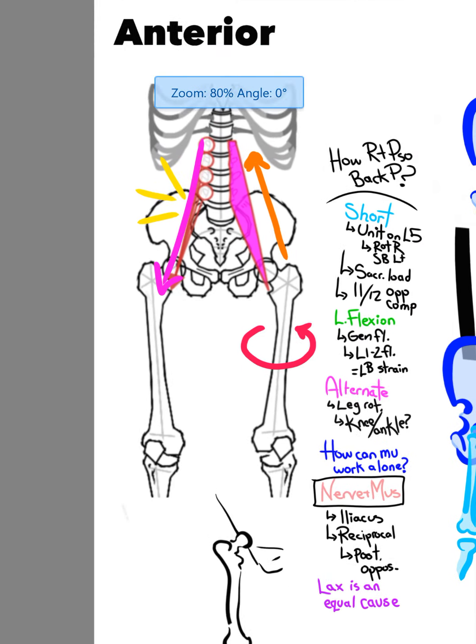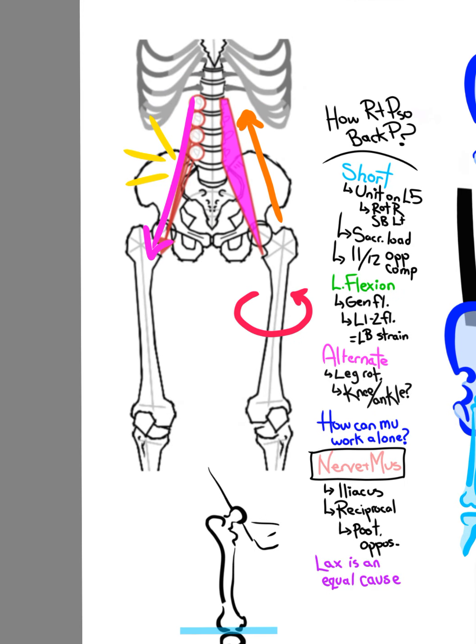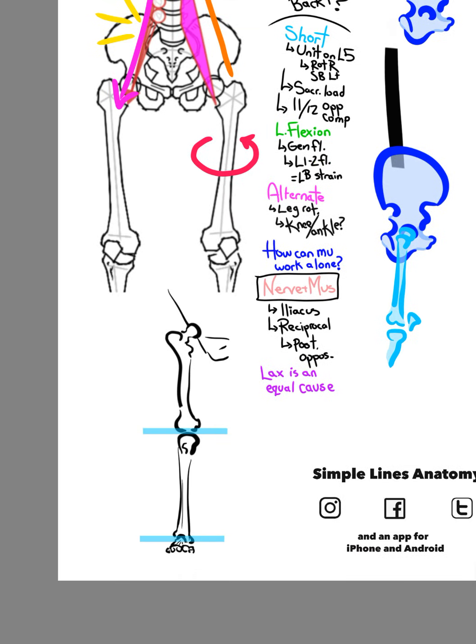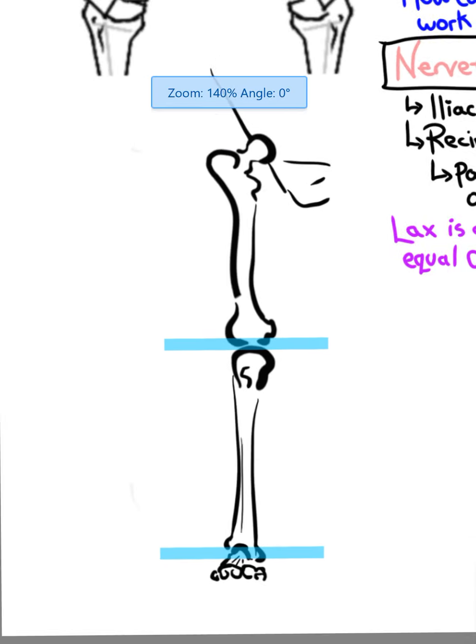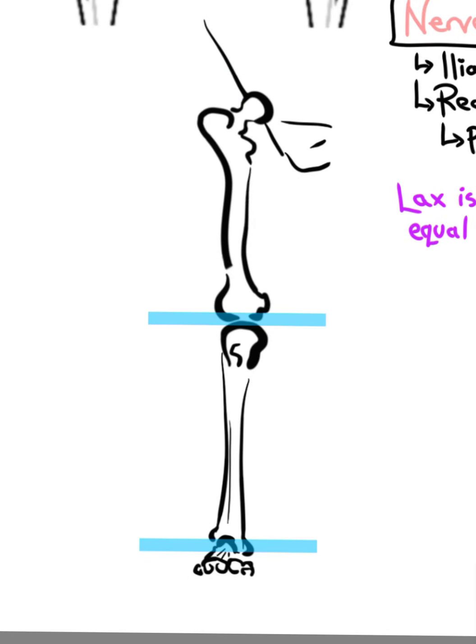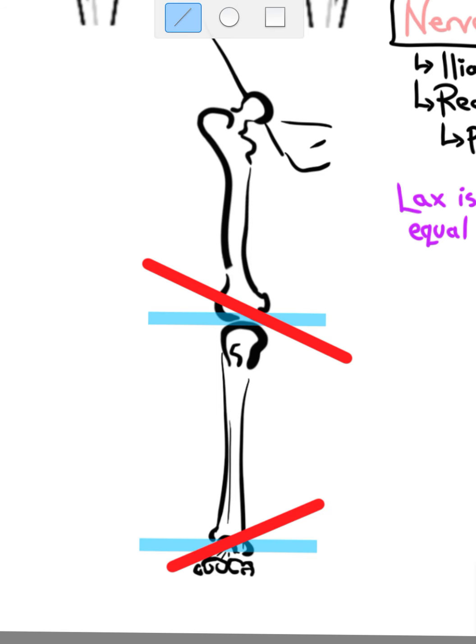Now, there's a lot of options in generating forces from the bottom up, because we have multiple joints here. So if this is, again, the whole leg from the hip down, consider that we can change the angles of most of these structures. So the knee often can come in on a funny angle, and the ankle can do very much the opposite.